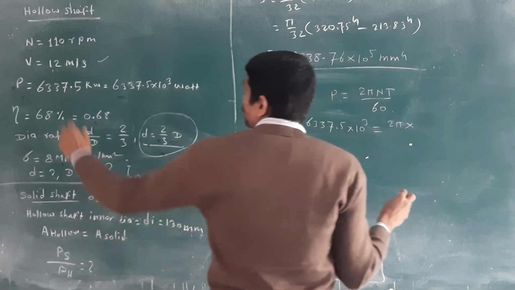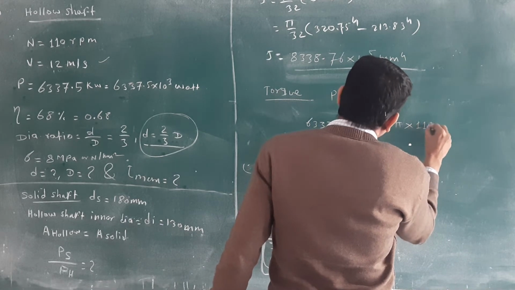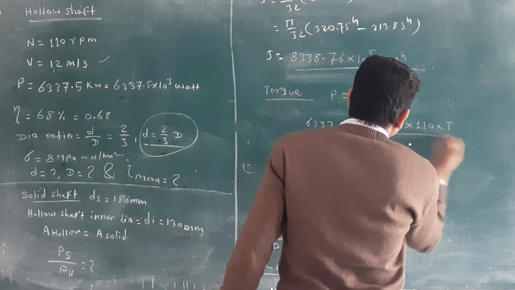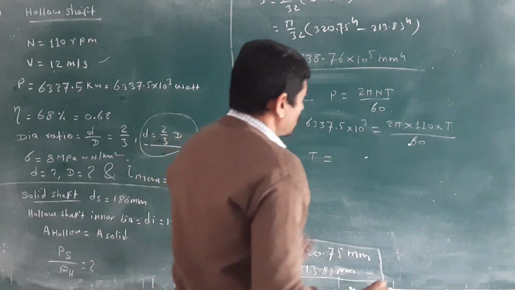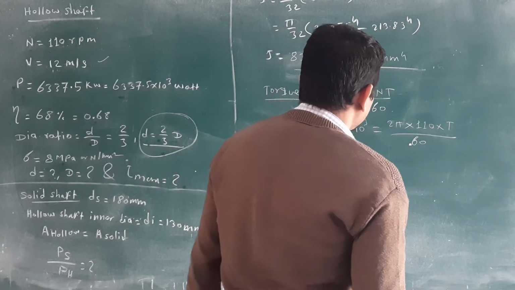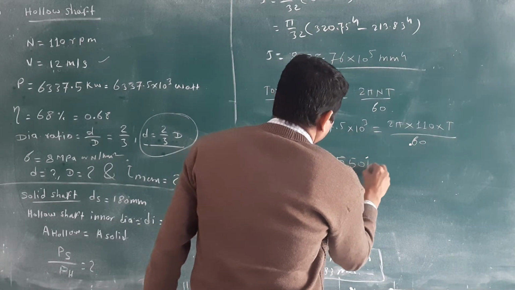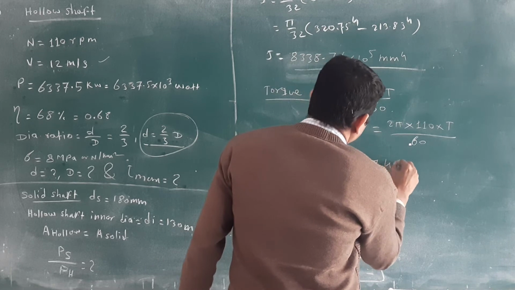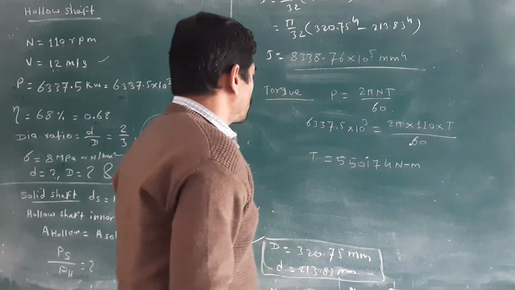What is the value of N? Speed is given, 110 revolutions per minute. What is the value of T? We don't know, we want to calculate. Here you will get only one constant. T is equal to 550,174 Newton meter.